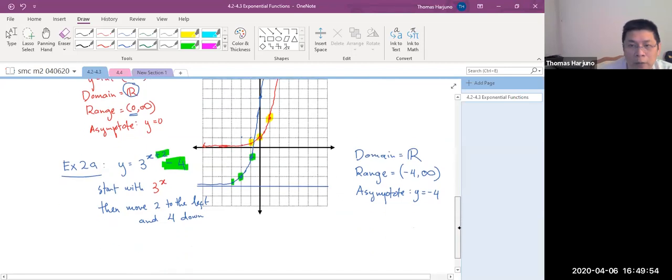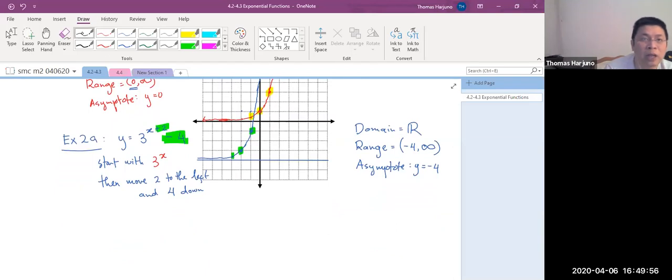Now, what happens if our base is actually less than 1, but still positive?